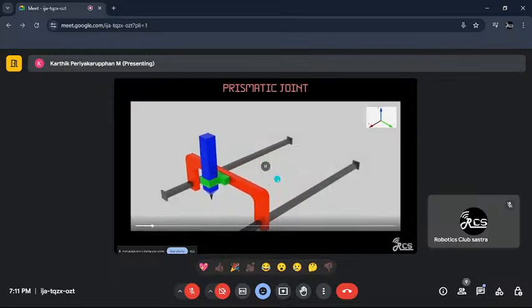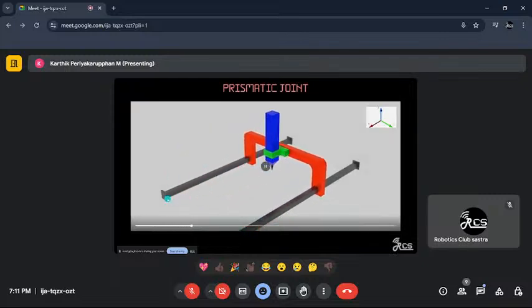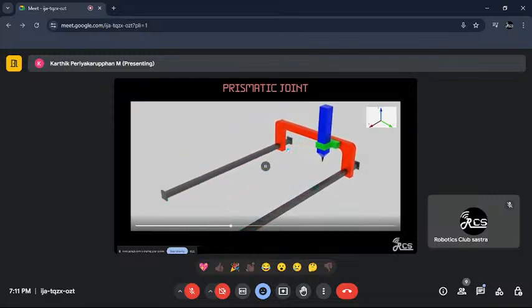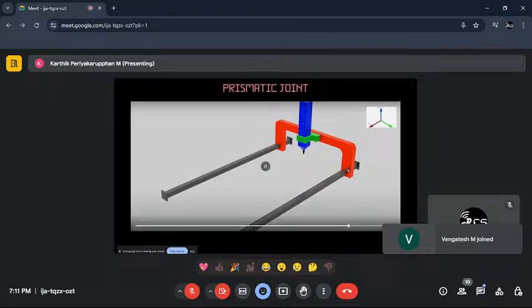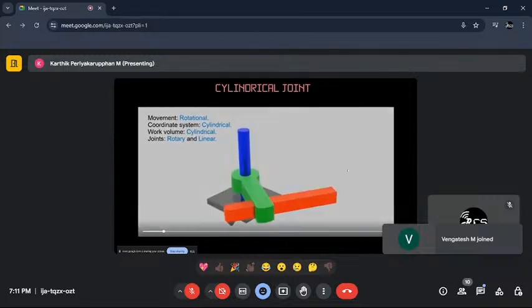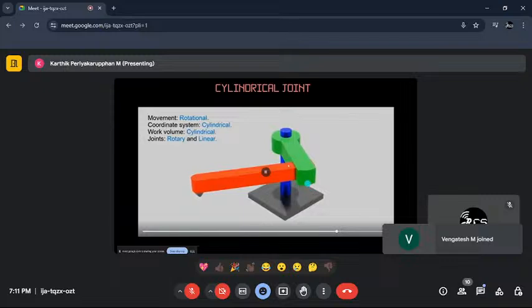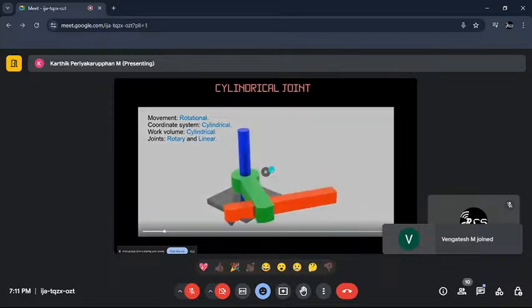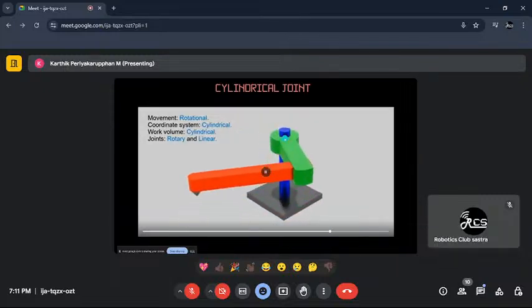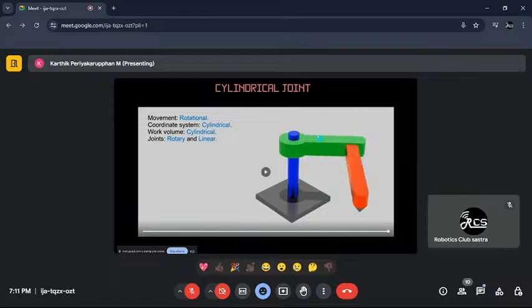Next, you can see the prismatic joint, in which it can travel along the x-axis, y-axis, or z-axis. So this is actually the prismatic joint. Next, the cylindrical joint. In this, you can see that the green colored part is moving, translating along the axis and rotating about the axis. So it is derived from both prismatic and revolute joints.